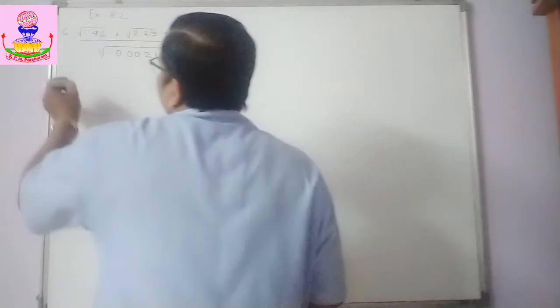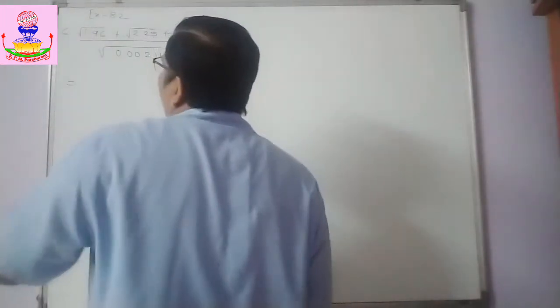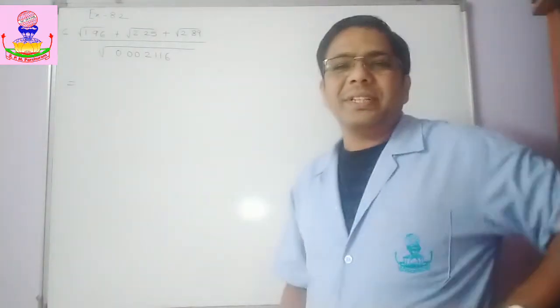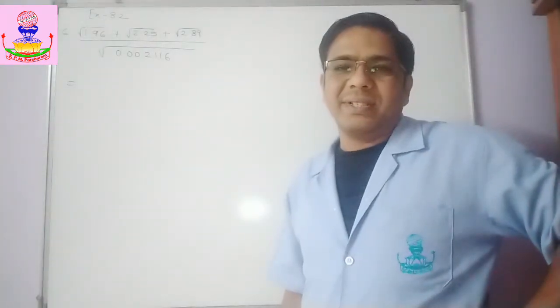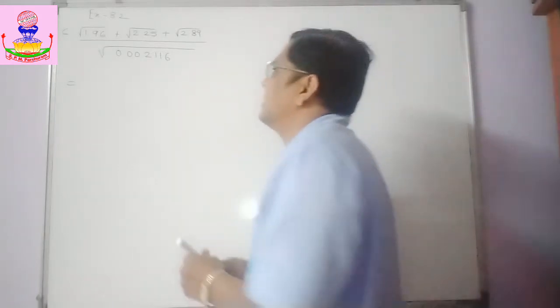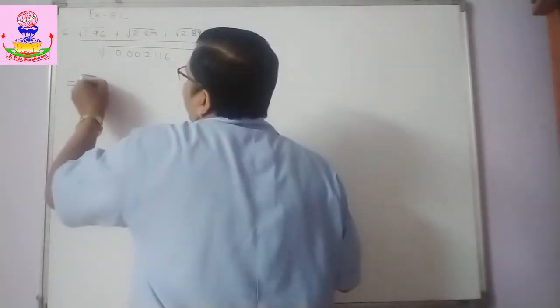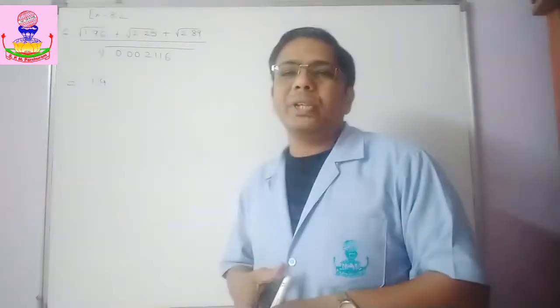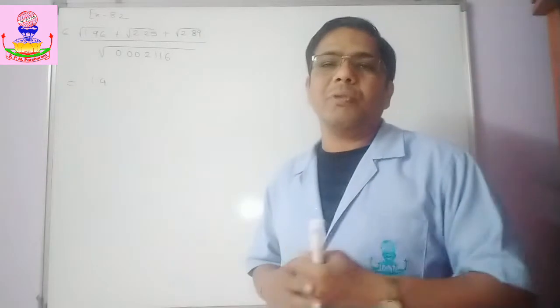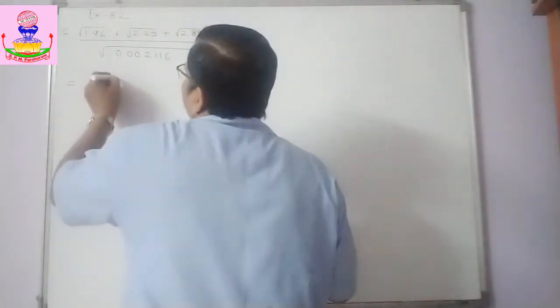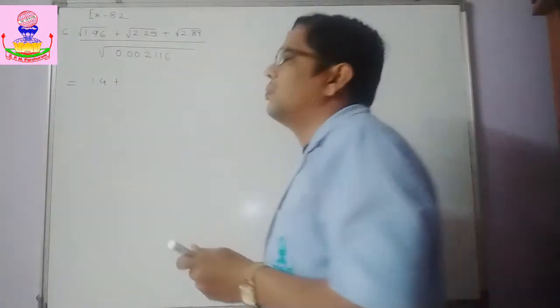Square root of 196 is 14, so 1.4, because after the decimal point there are two digits in the square number, so in the square root there will be only one digit.